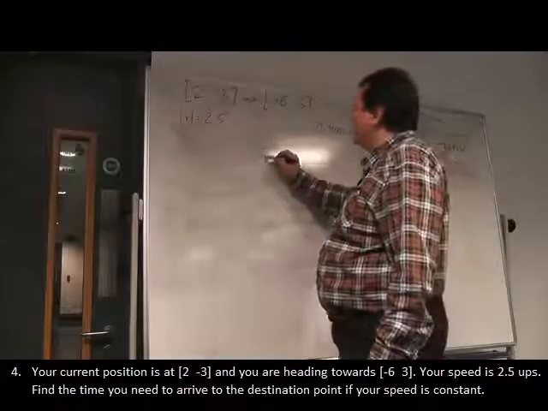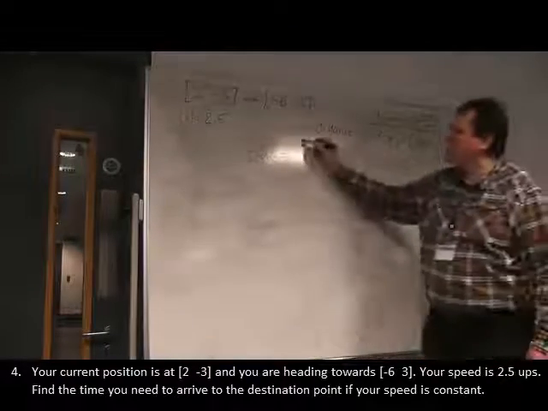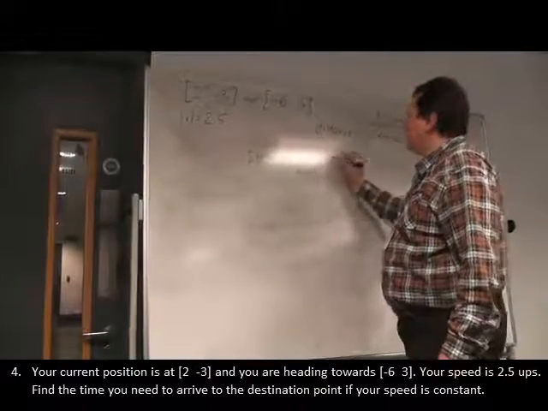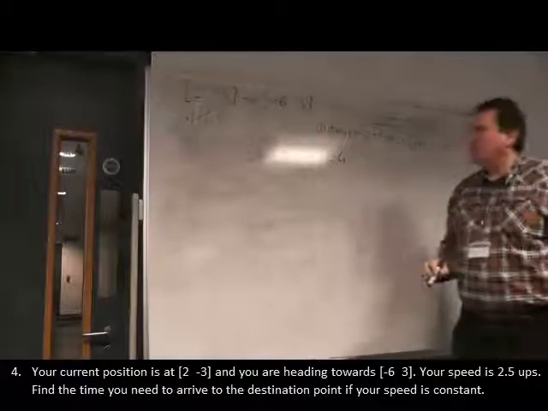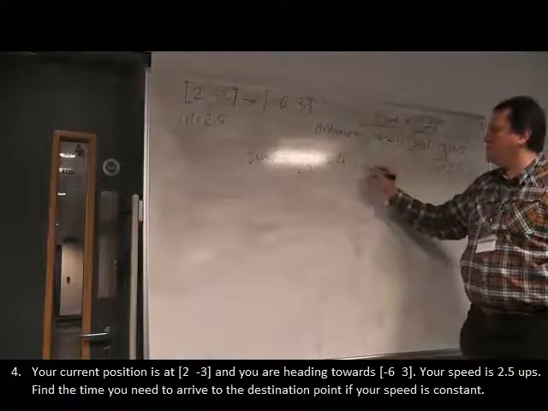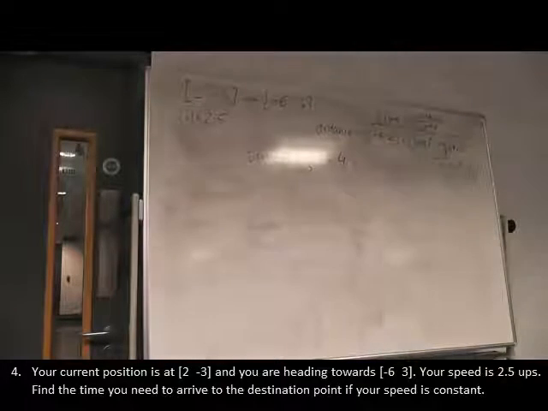And now the time I need is my distance, which is 10, divided by my speed, which is 2.5. This is 4. Actually, because the speed was in units per second, I even know that these are 4 seconds. So this is 4 seconds.